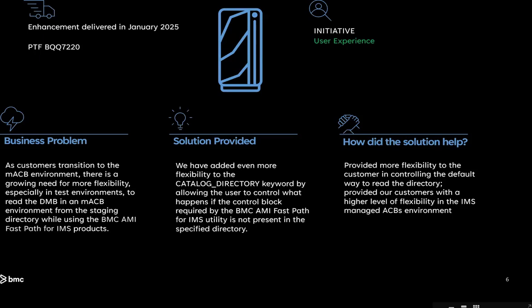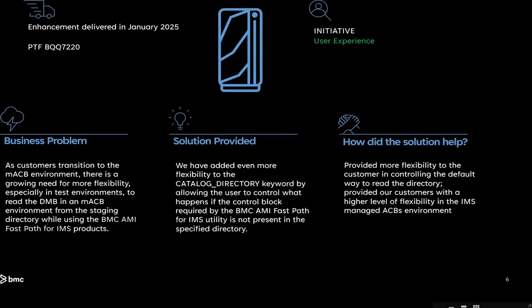So we have a utility called the build function, and a DBA uses the build function to implement FPSI or PFX index changes, but for whatever reason, let's say he or she forgets to load the updated version of the DMB or DMBs into the staging directory as part of normal procedures for making such changes, right? And these types of mistakes do happen.